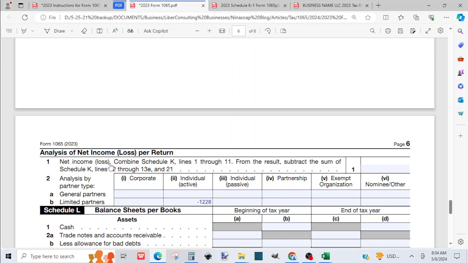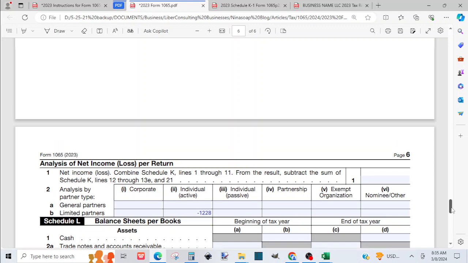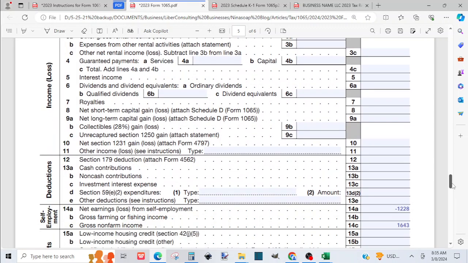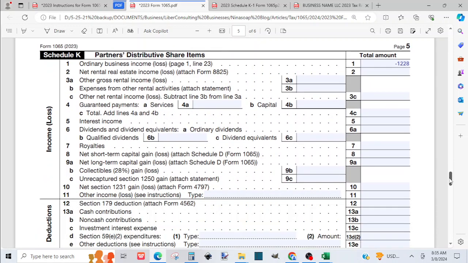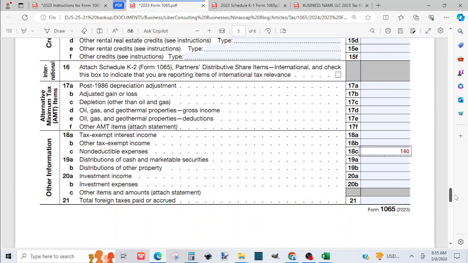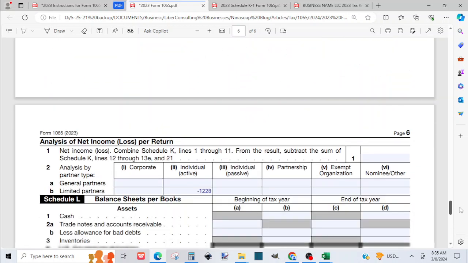Net income loss. Combine Schedule K line 1 through 11. And from there, subtract lines 12 through 13 and 21. We don't have anything on 12 through 13. And for 21 we have negative 12,28, so we are going to put negative 12,28 there.